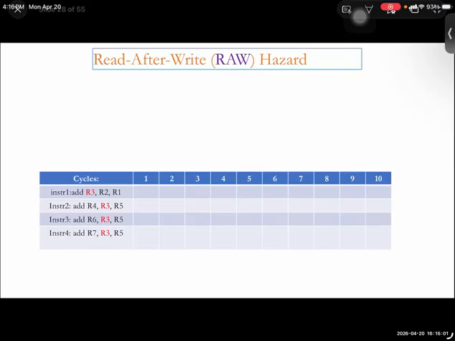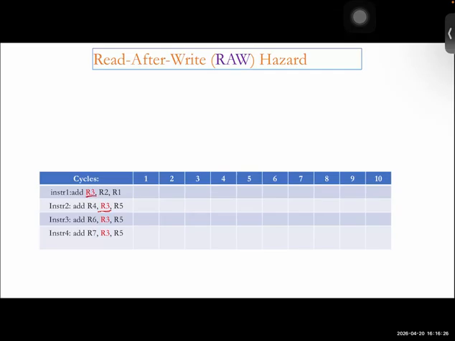If you recall, instruction 2 depends upon instruction 1. Why? Because instruction 2 requires a source 1 operand that is read from R3, which is the destination register of the first instruction.